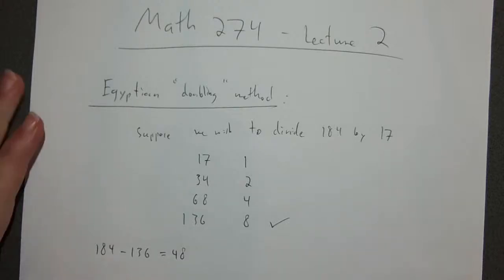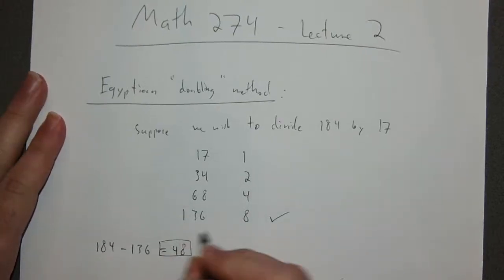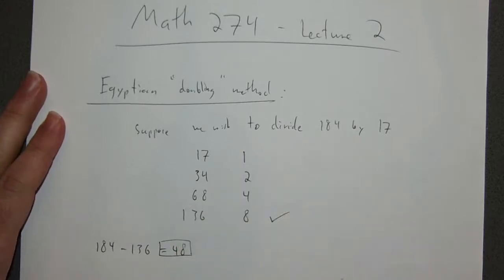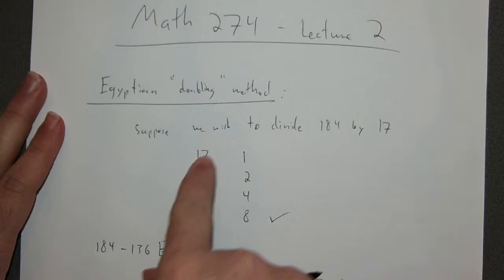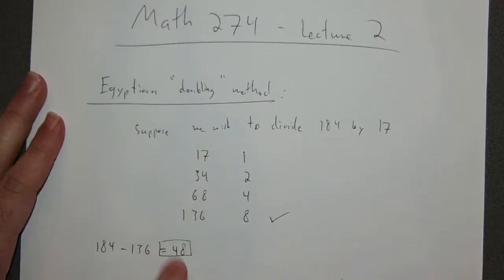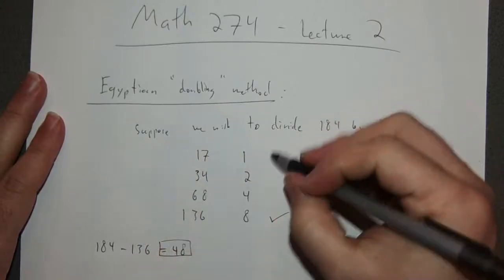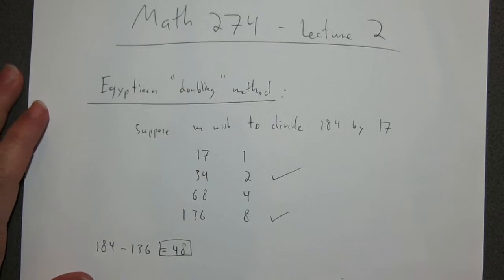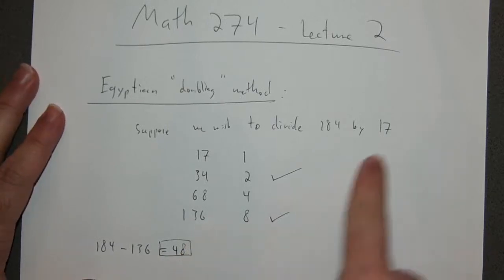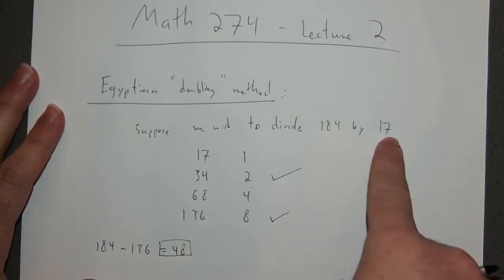Now, once I get 48, I look at the same list and pick the largest multiple of 17 that is less than 48. That's 34, and I check that. Now what do I do? The idea is to do the exact same thing. I began with 184 that I was dividing by 17.